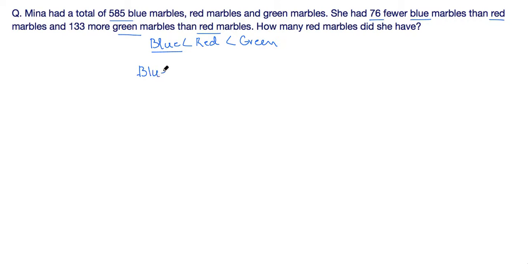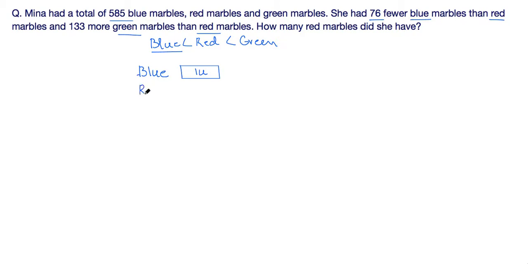So let's represent our blue marbles using this block. Let's say this is my blue marbles and this is the least, so let's say this is 1 unit. The blue marbles are 1 unit.